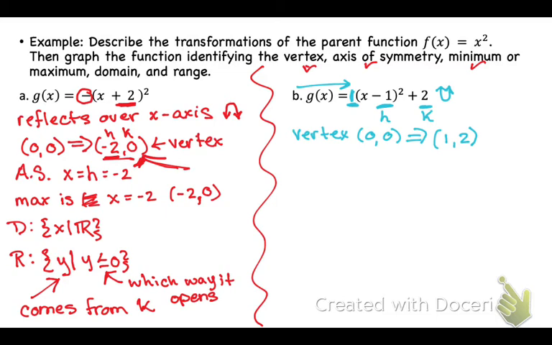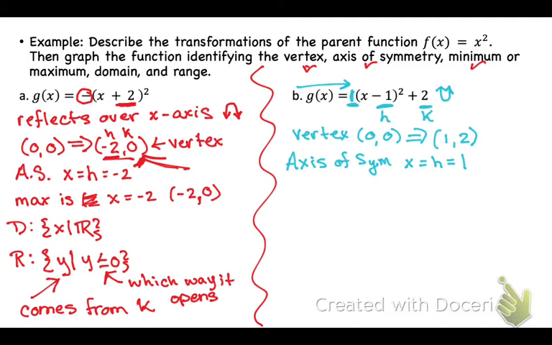Okay, so axis of symmetry. Do I need to write more than AS so you know what it is in your notes? How about axis of sim? Is that better? Okay, so axis of symmetry is x equals h of the vertex. And what's the h of the vertex? 1. And I'm writing it like x equals h equals 1 so you remember.